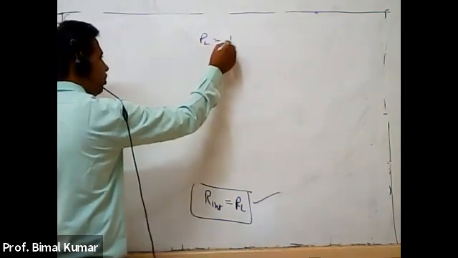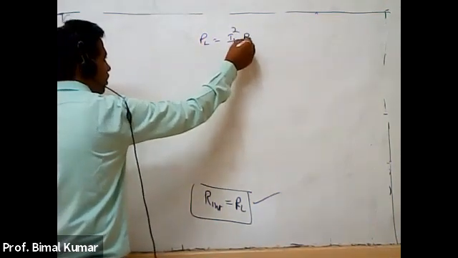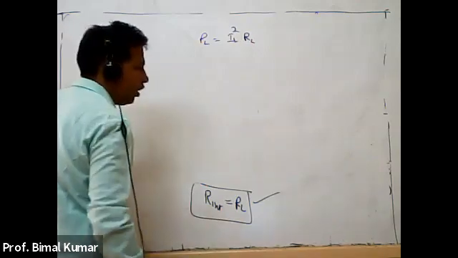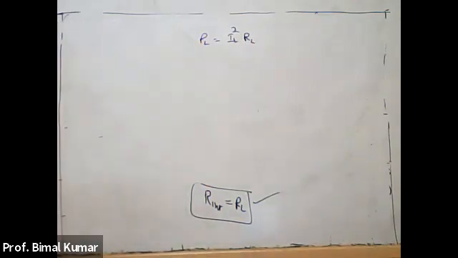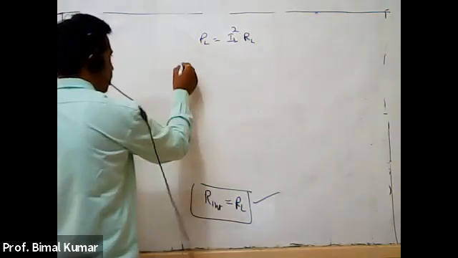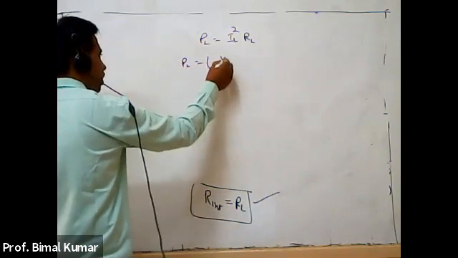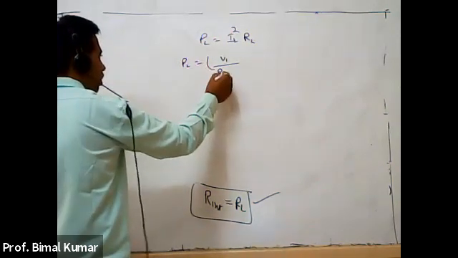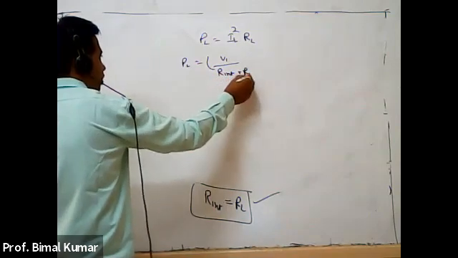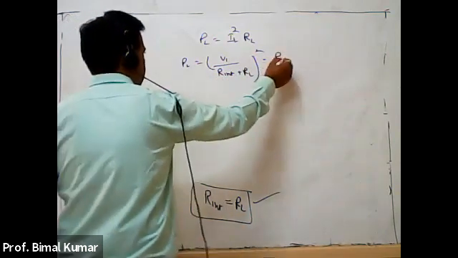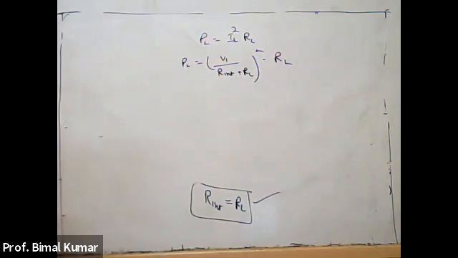PL is equal to IL square RL, right? I had substituted the value of IL. IL is equal to V1 divided by R internal plus RL, its whole square into RL, right?